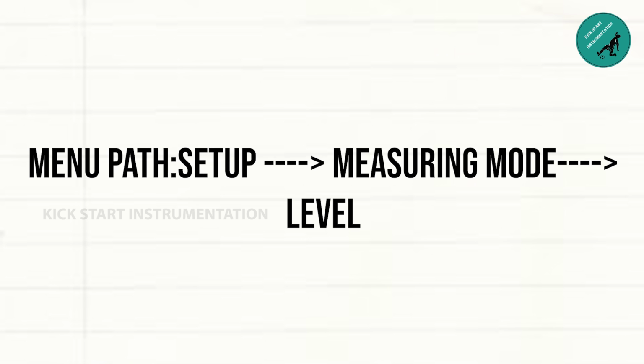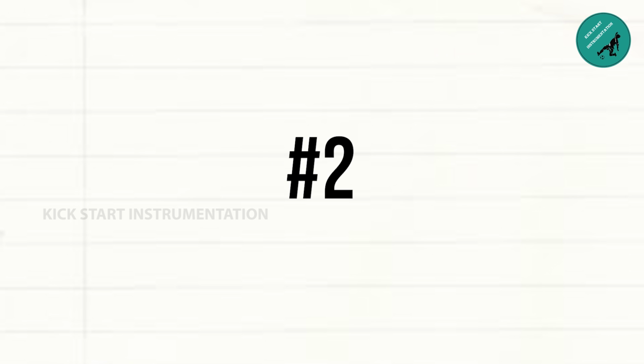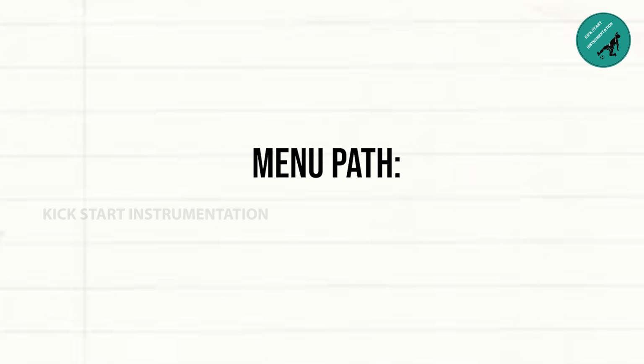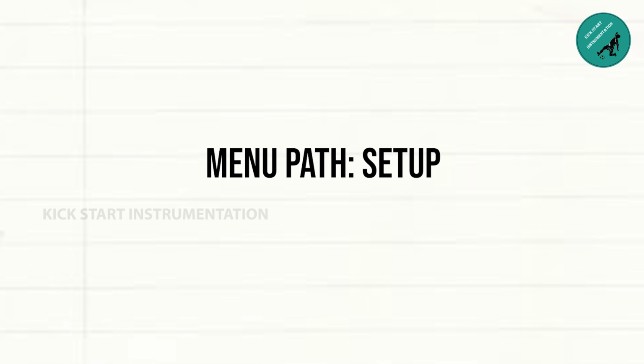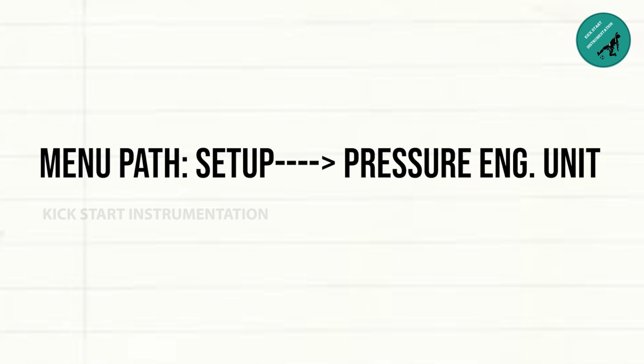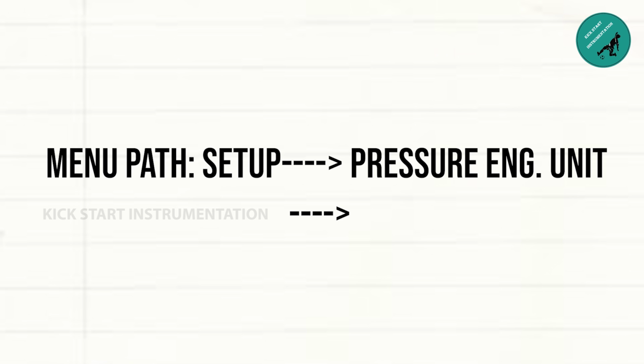Search for level and press enter. Second, select pressure engineering unit to millibar. Menu path: search for setup and press enter. Search for pressure engineering unit and press enter. Search for millibar and press enter.